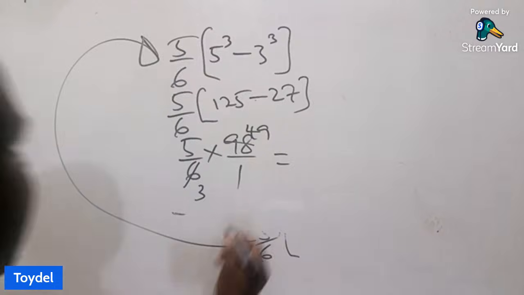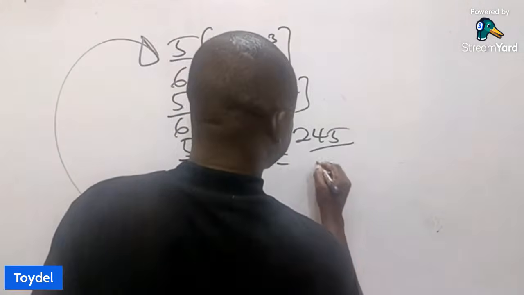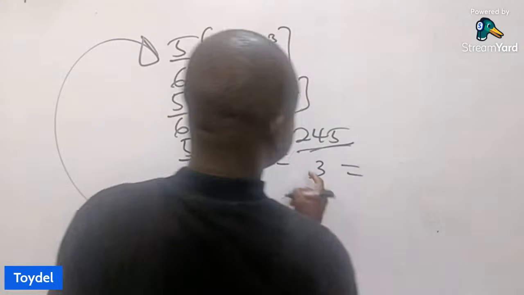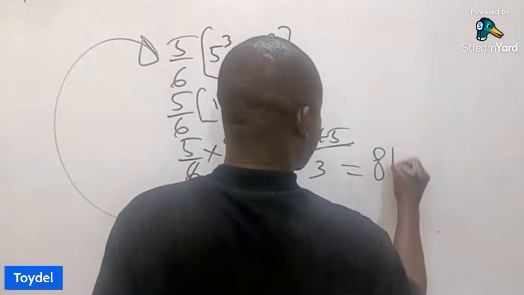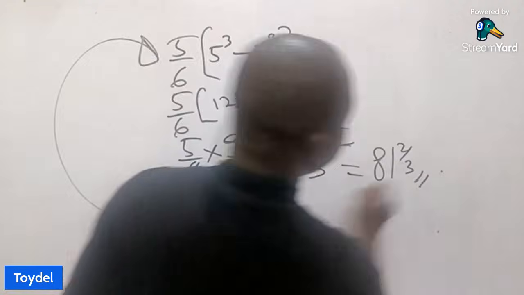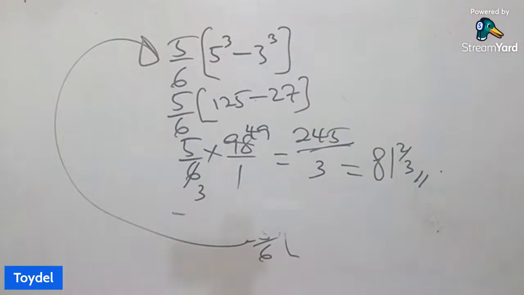So we have 245 divided by 3. That will be 81 and 2 over 3. That will be the final answer. So the final answer will be 81 and 2 over 3.